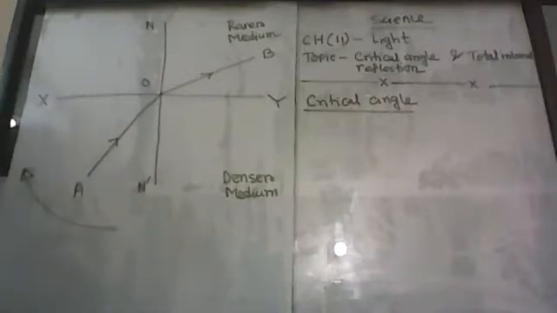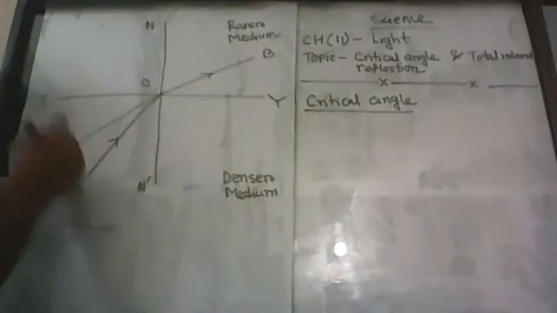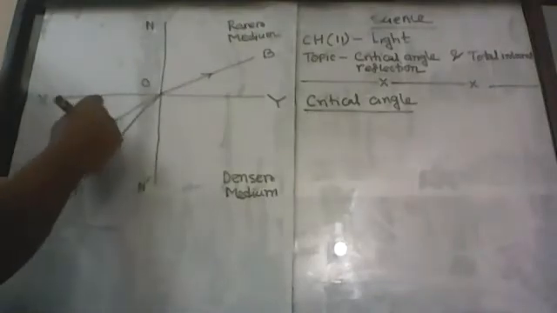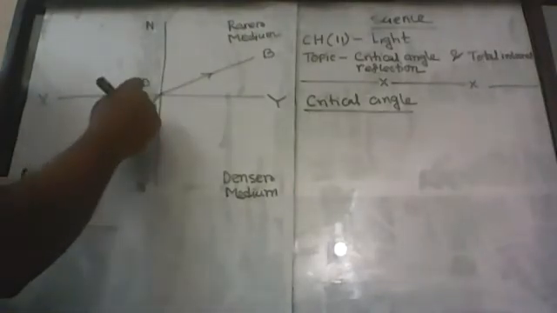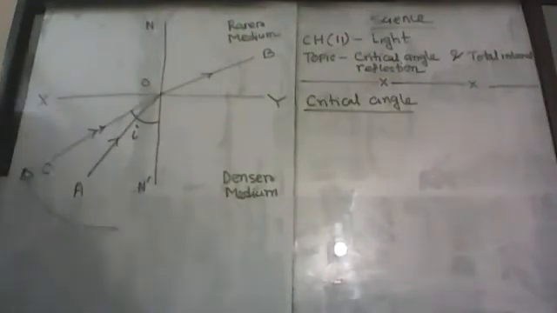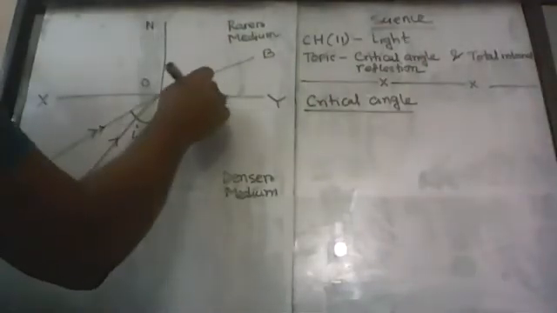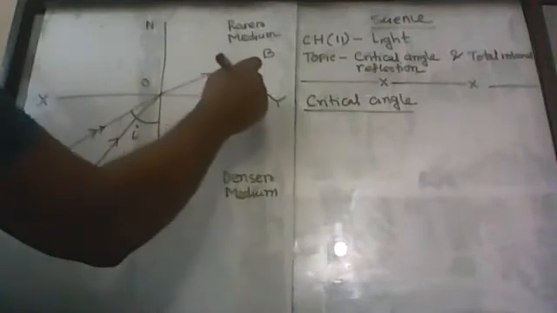Here, a particular angle of incidence, suppose CO. For this particular angle of incidence I, you can see that the refracted ray OD goes along the plane of separation.